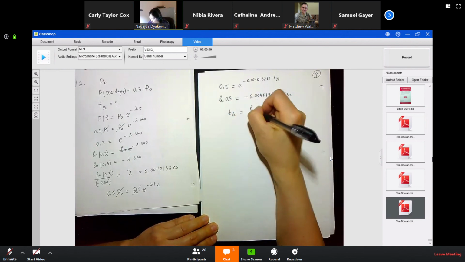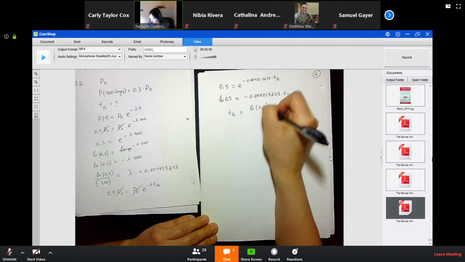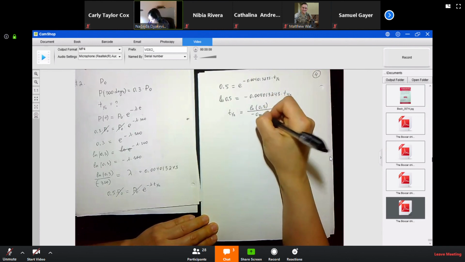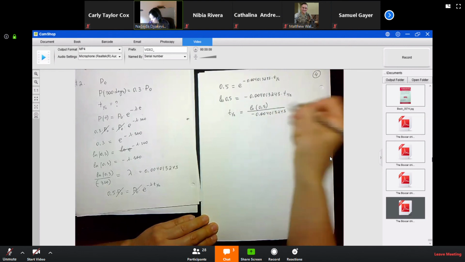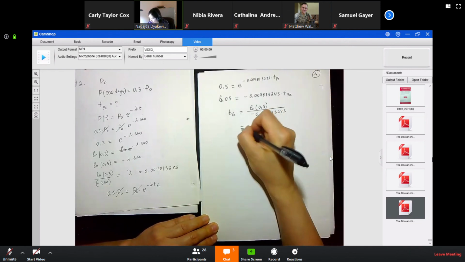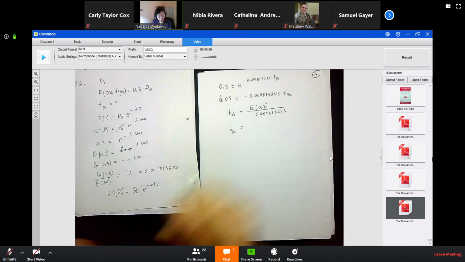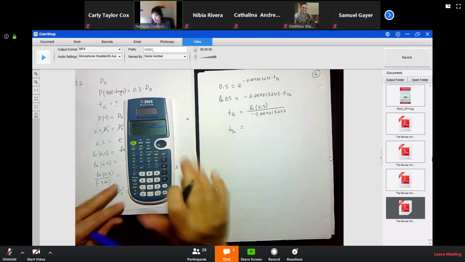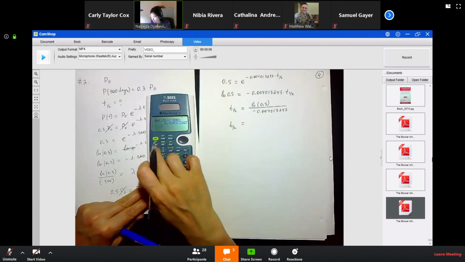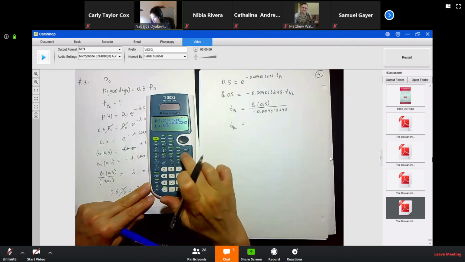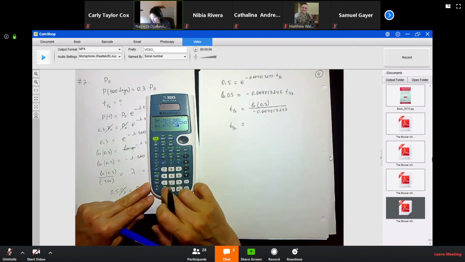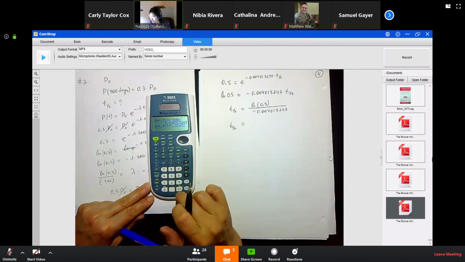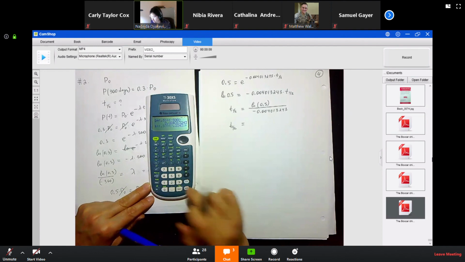So ln of 0.5 over this number. And here we have our answer. So take ln of 0.5, divide by, open parenthesis, negative 0.004013243, close parenthesis.